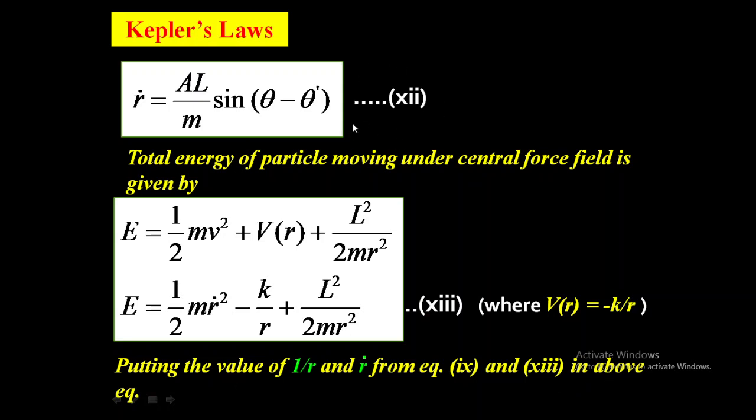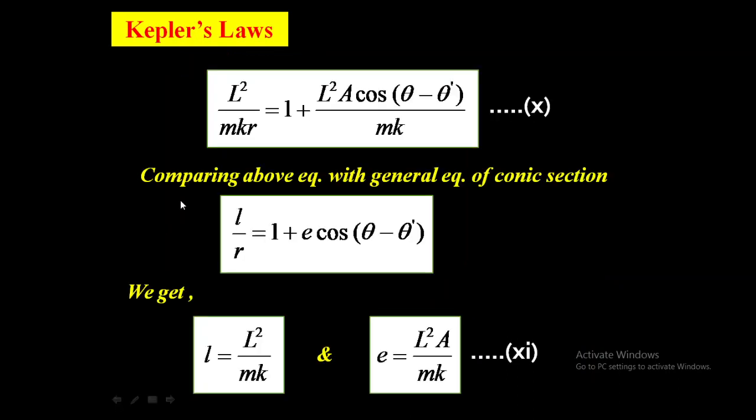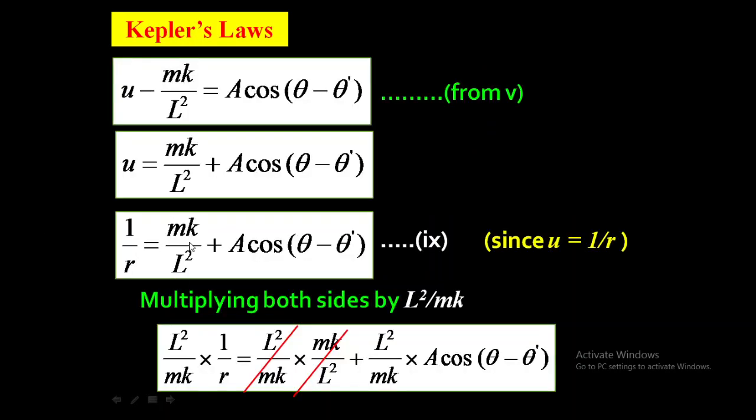This is equation number 13. What is the value of 1 by r? From equation 9, the value of 1 by r is mk upon L square plus a cos (theta minus theta dash).